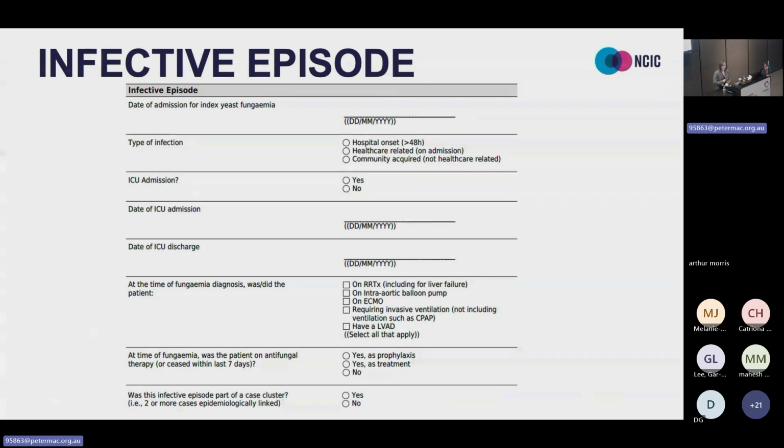Whether someone was on prophylaxis or treatment antifungals prior to this identified fungemia, which we'll go into a bit more in a moment with the table, and whether this was part of a case cluster, which might be more interesting with our Candida auris or such.